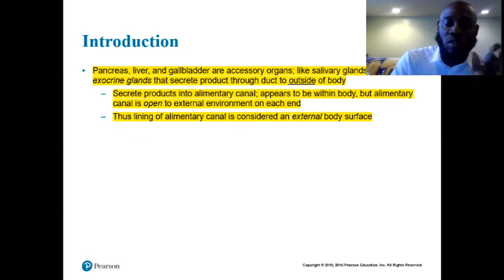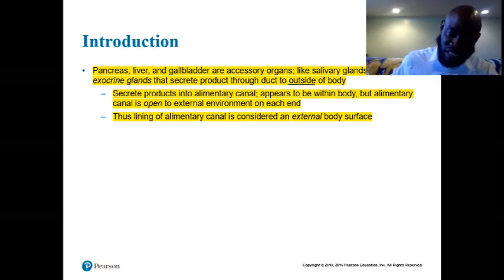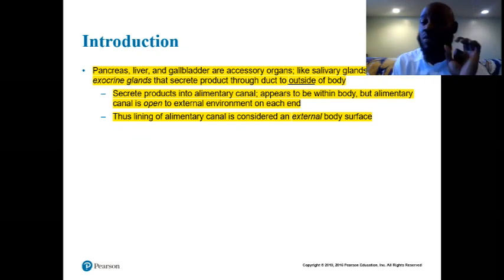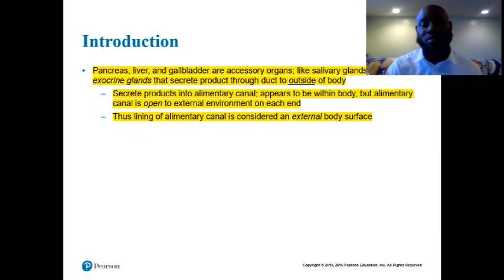If I were to swallow a tiny marble, it would pass down my throat, my pharynx, my esophagus, stomach, and small intestines, large intestines, and it would come right out of my anus. If it was like a stone, a small little marble, it would come out pretty much the same, untouched.